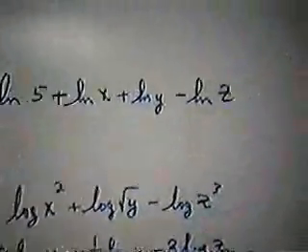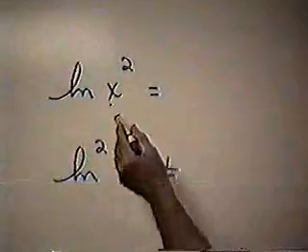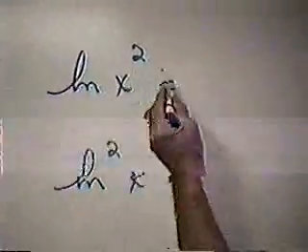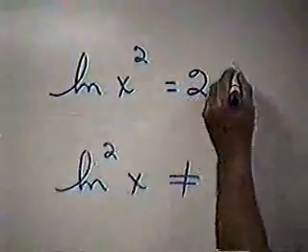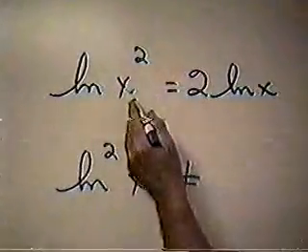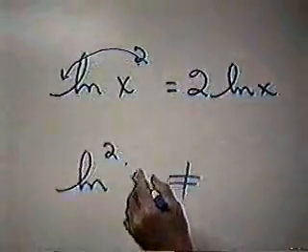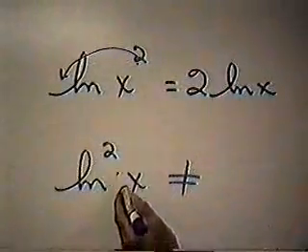All right. Let's look at some other things. These are common mistakes that students make. Right? The log of x squared is 2 times the log of x. If we have the log of some number right here, raised to a power, we can move the power out front. But this one is not that rule.